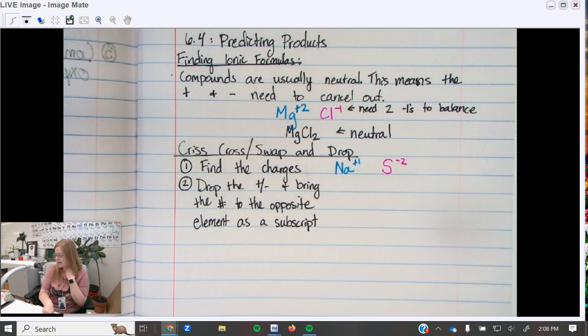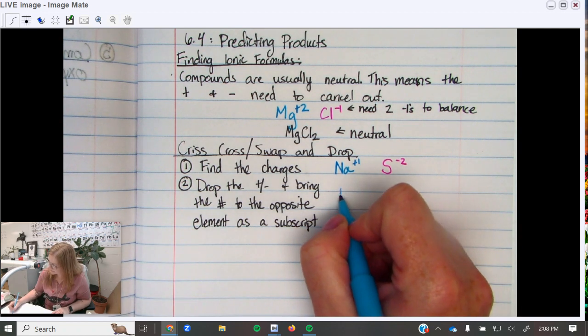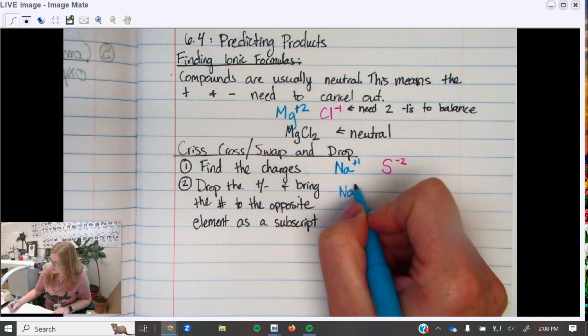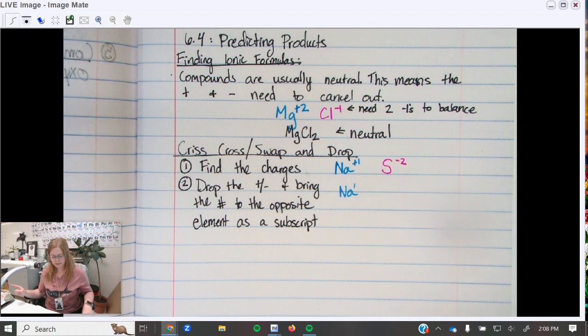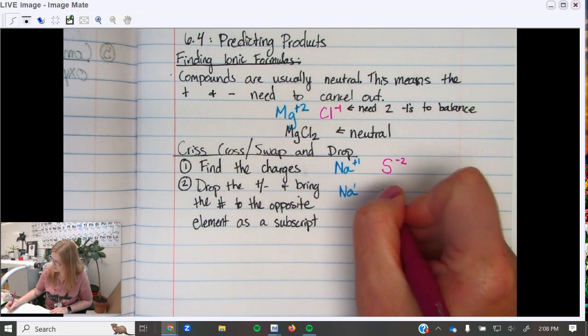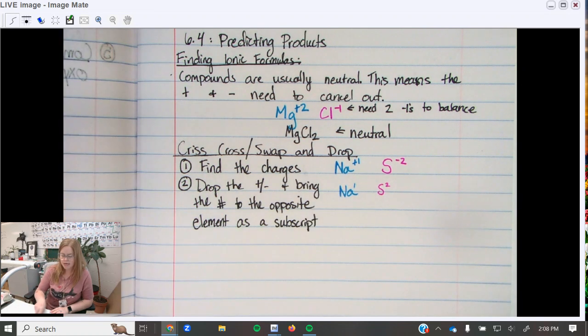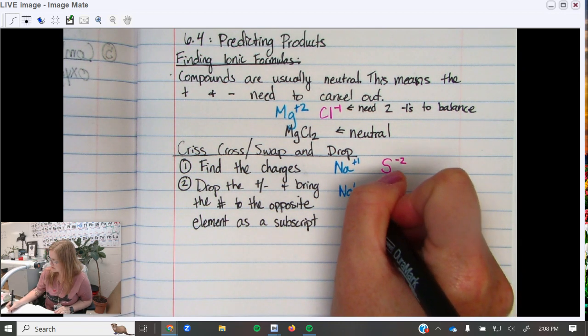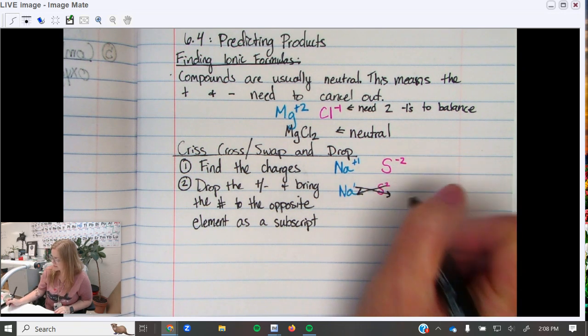Okay, so I have my Na. And this time I'm just going to put a 1 there, not worry about plus and minus. And then I have my S. I have a 2. And I'm going to crisscross the charges or swap them and drop them down. So I'm going to bring my 2 down here, my 1 down here.